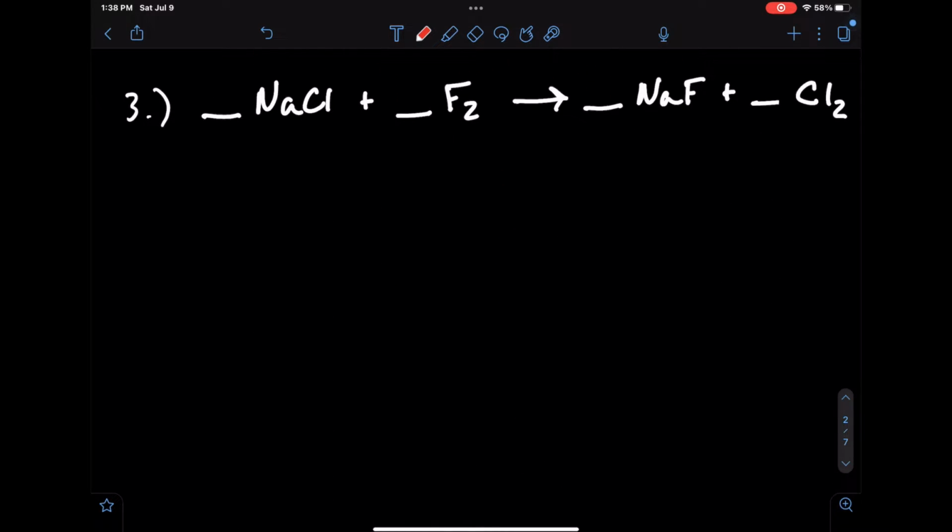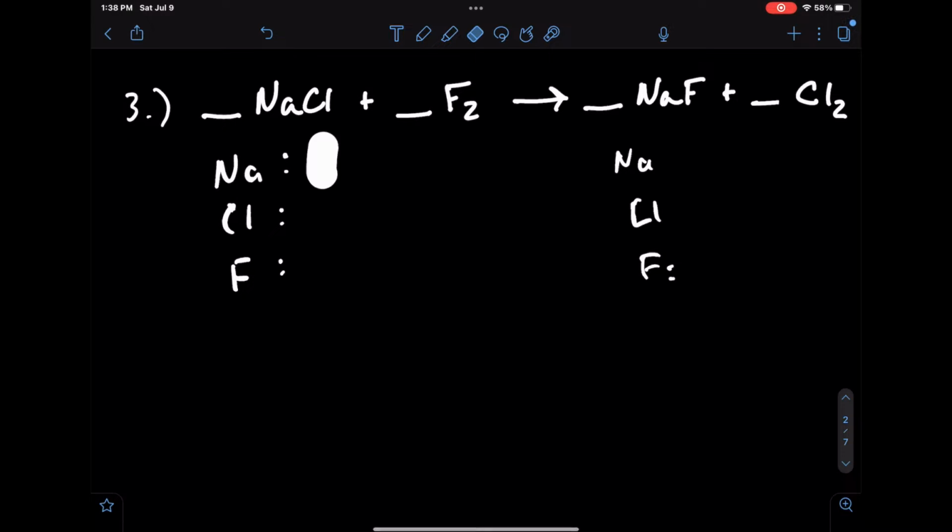The next problem has NaCl plus F2 equals NaF plus Cl2. We'll list these elements out. As of right now, we have 1 sodium on the left, 1 chlorine, and 2 fluorines.